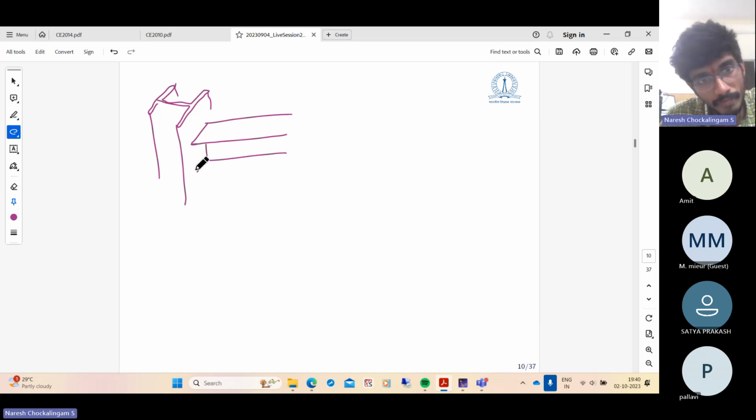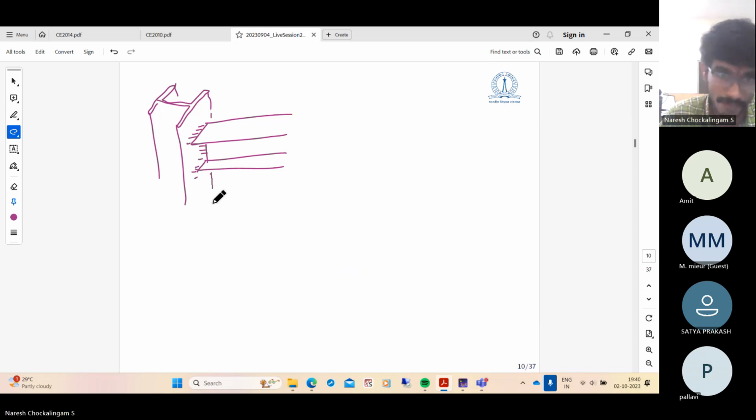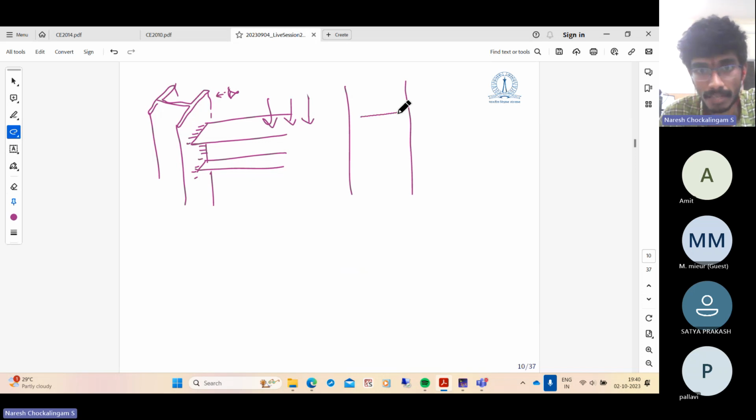We can have a weld both at the flanges and the web of the beam. This beam can be subjected to some forces, and if you take a view this way, the weld group will appear something like this.